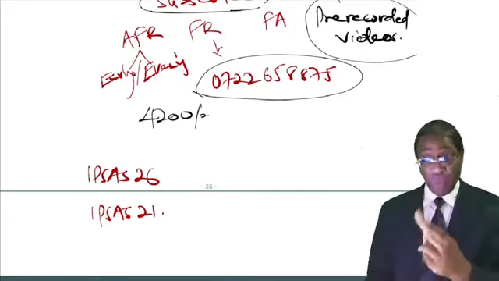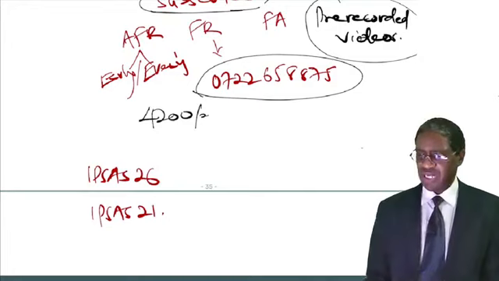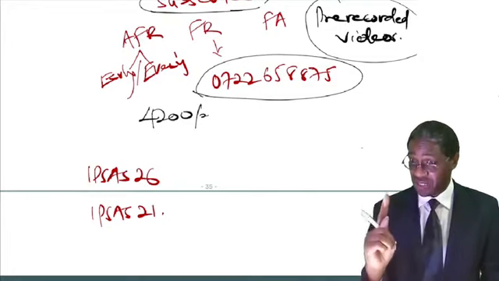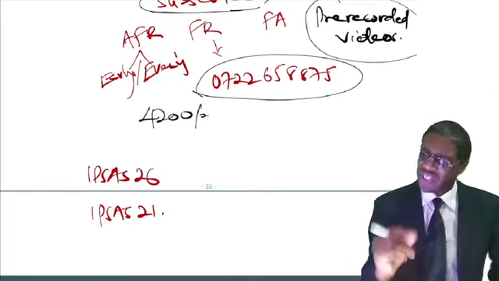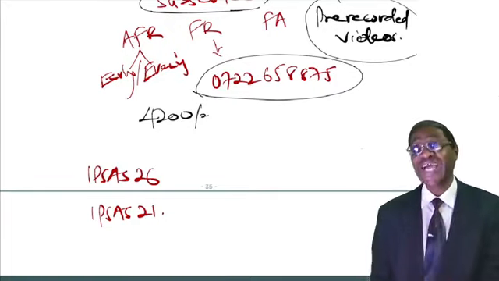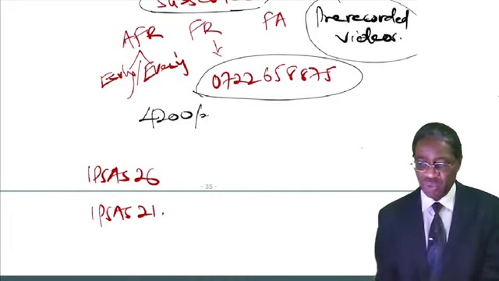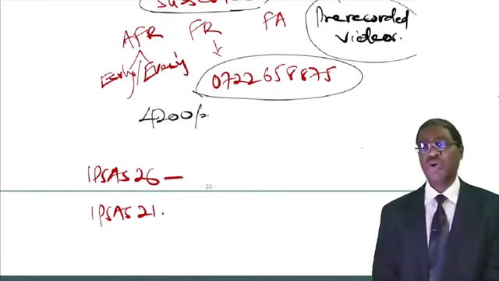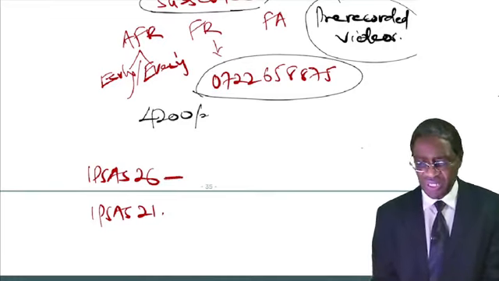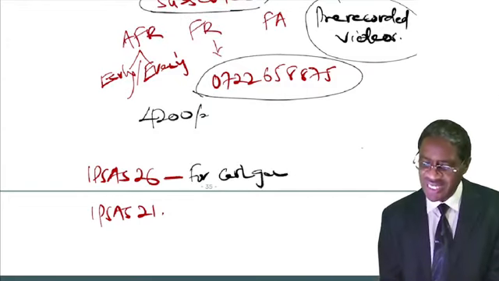What are they for? If you, as a public sector entity, have an asset which on its own can generate cash flows, then you will apply the principles of IPSAS number 26. So number 26 is for cash generating assets.